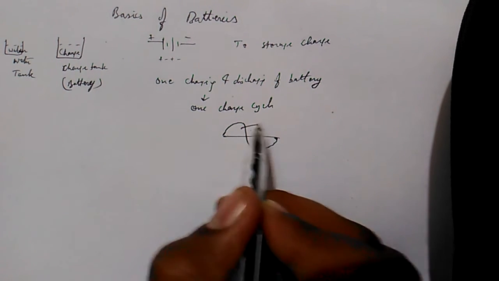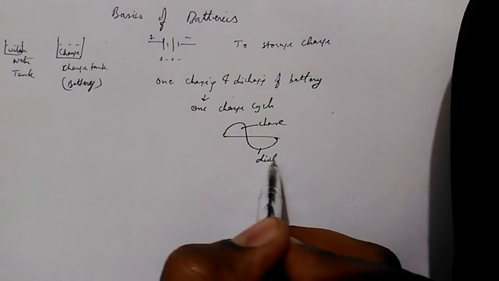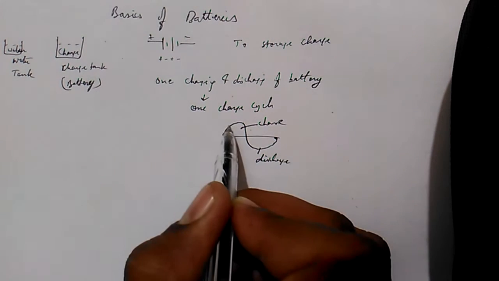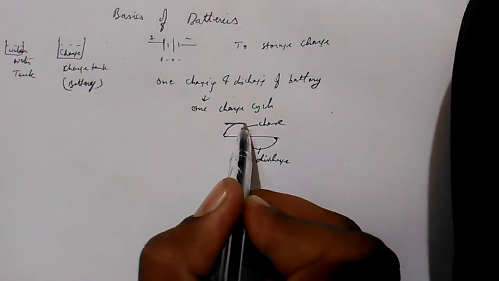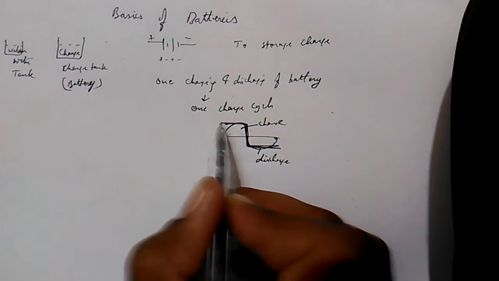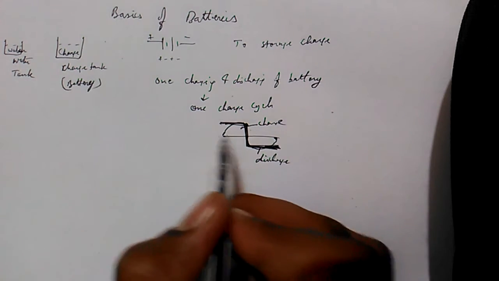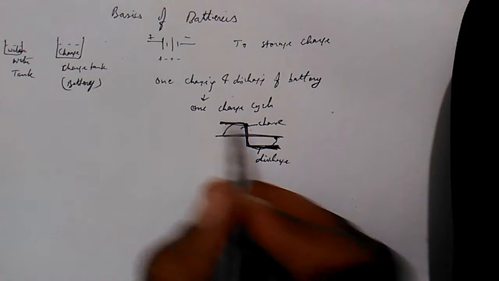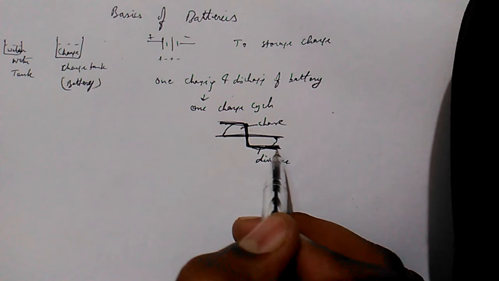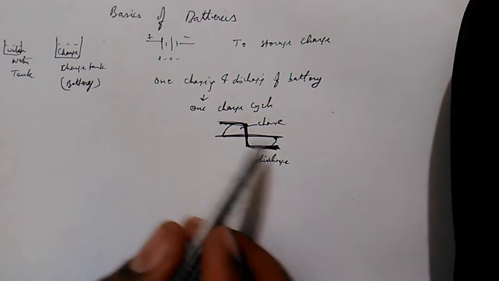Means on one side it will charge and on the other side it will discharge. This is the charge cycle, this is the discharge cycle. Just for reference, this one is charge, this one is discharge. So this is called one charge cycle.